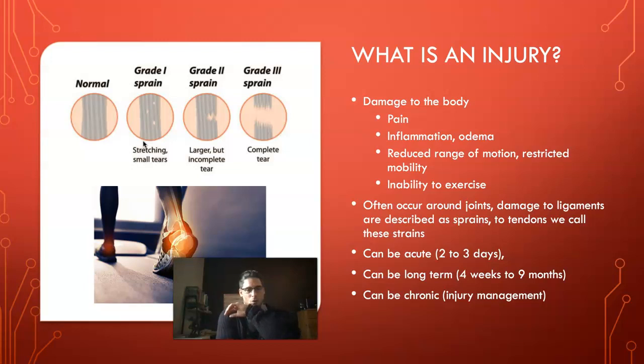Grade 2, slightly more serious, likely to be quite painful. That's going to take a little bit longer to recover from, could be anything up to 4 weeks. And then you can see here a complete tear, grade 3, this could require surgery and take much longer to recover from, if it can be recoverable at all.